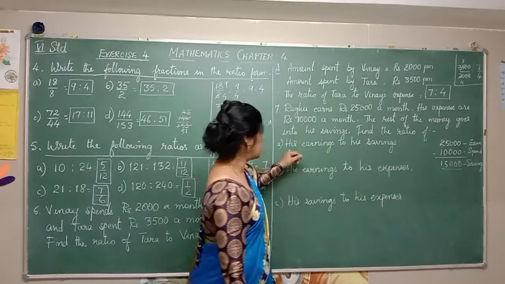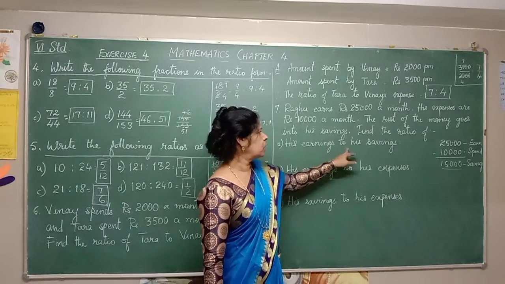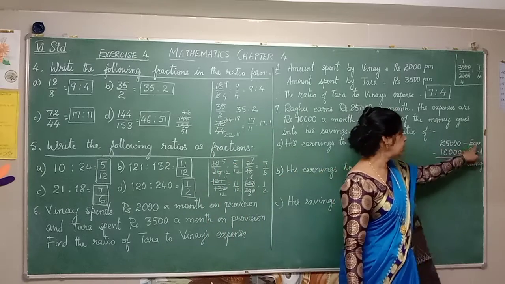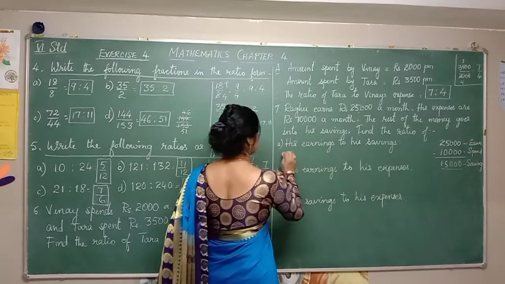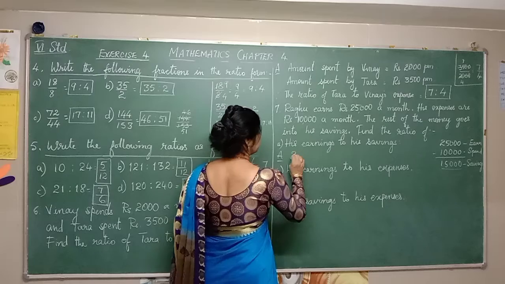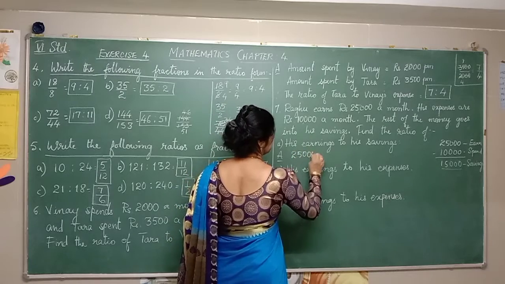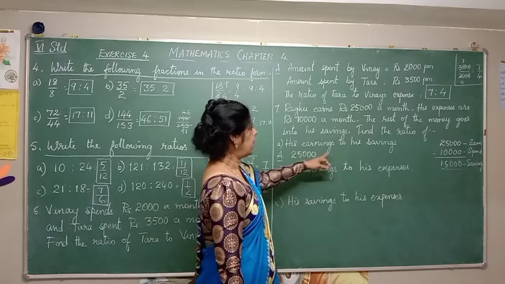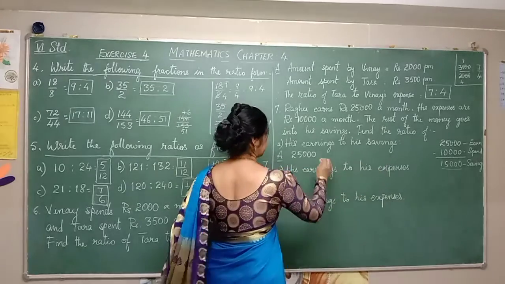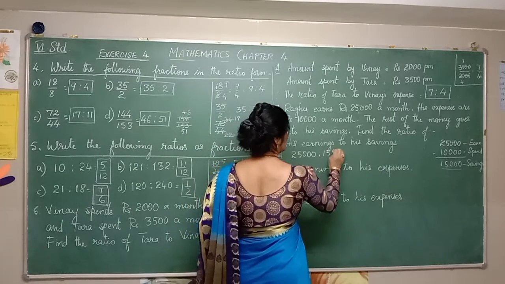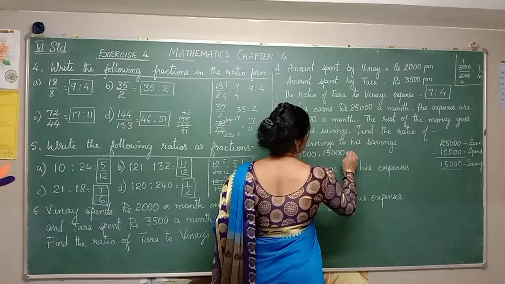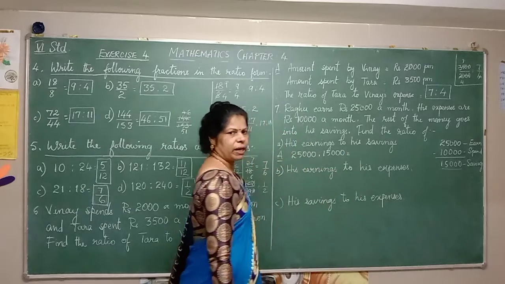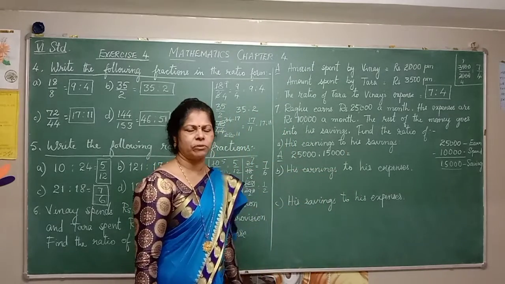Now here the question is his earnings to his savings. Earning is how much? 25,000. Isn't it? And his savings is 15,000. So how to do? You have to simplify. You cannot just write like 25,000 is 15,000.